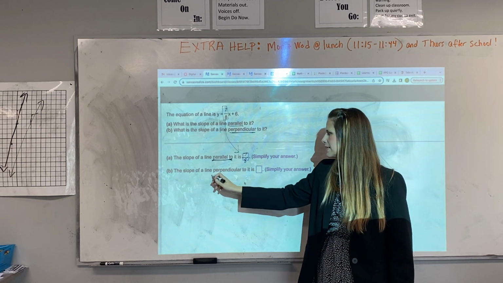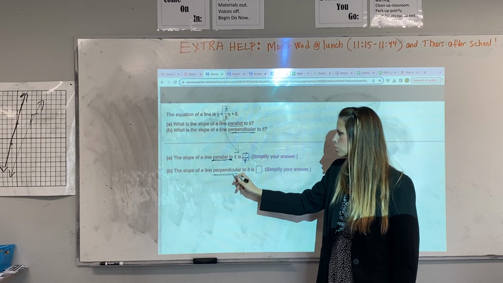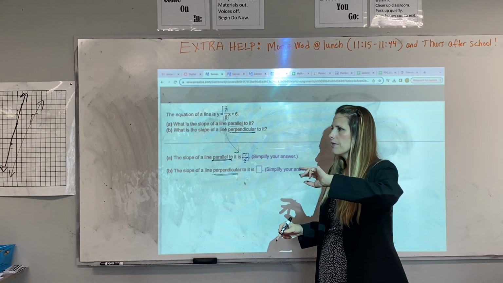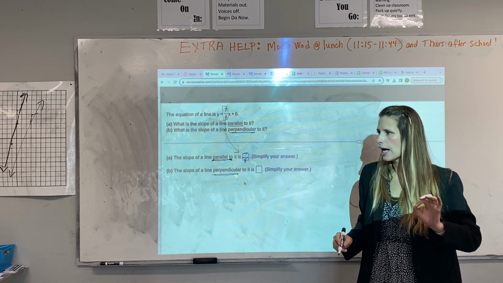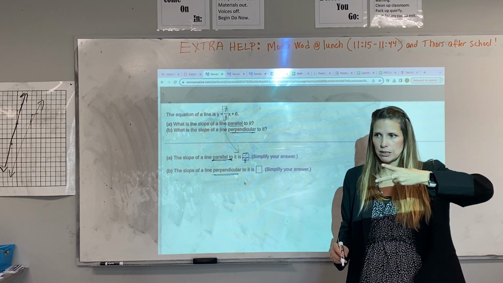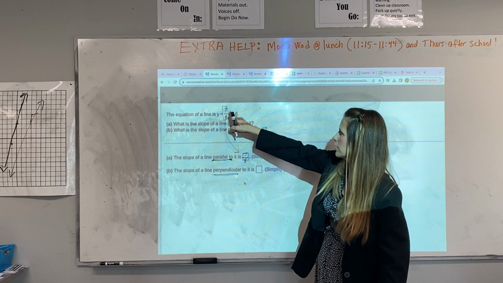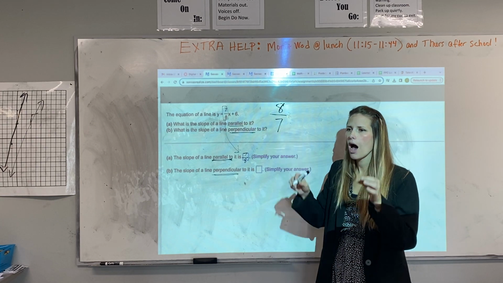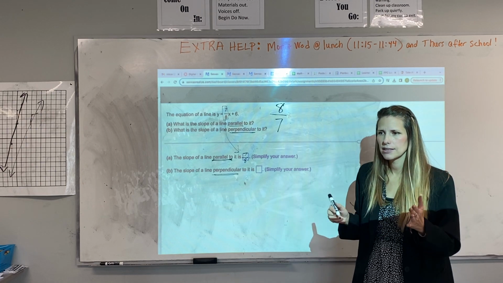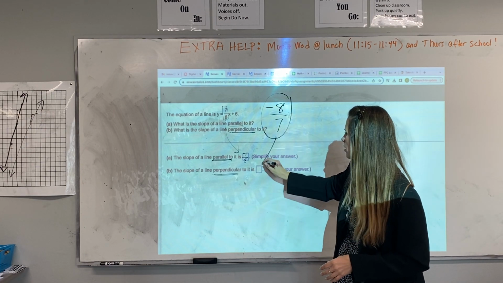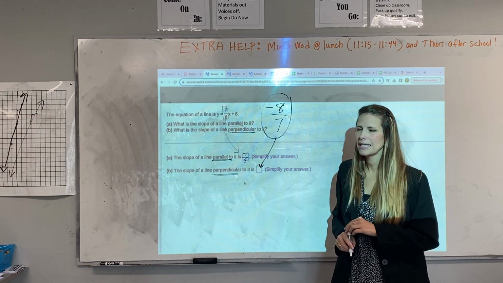For a perpendicular line, the slope is going to be the opposite reciprocal, meaning opposite sign, and reciprocal, which means the numerator and the denominator switch spots. So let's switch the 7 and the 8 to be 8/7. But I also need the opposite sign. So it'd be -8/7. And that would be the slope of a perpendicular line.